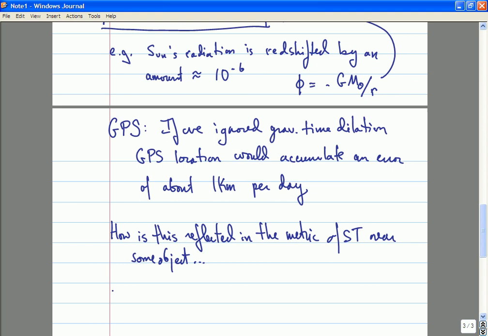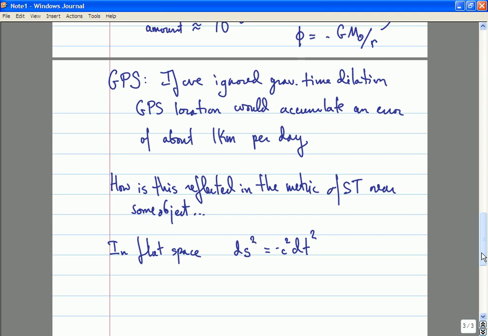So in flat space, which is to say without gravity, if we want to measure the amount of proper time that some observer will measure, the rate at which some clock is ticking, then we use this invariant interval that we called S. If you have two events which are separated by some time interval dt, then the invariant interval between them is equal to minus c squared dt squared.